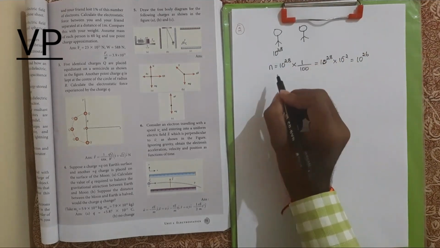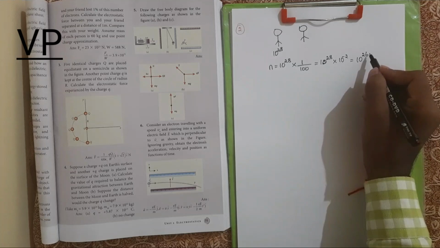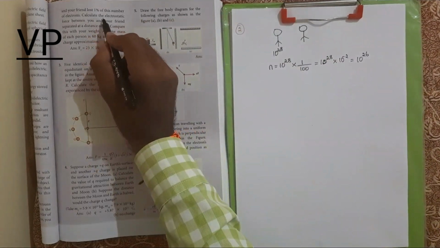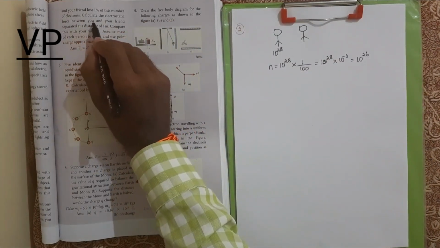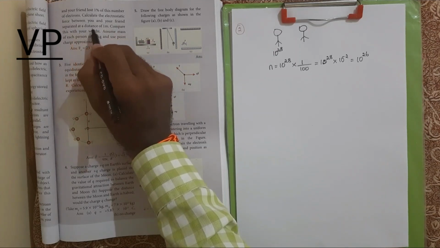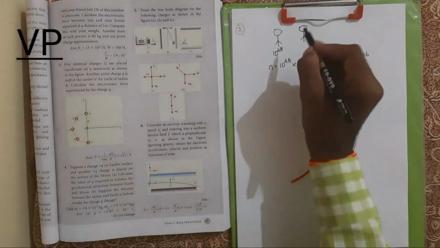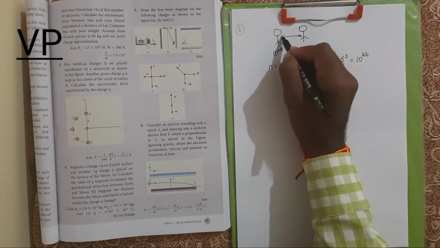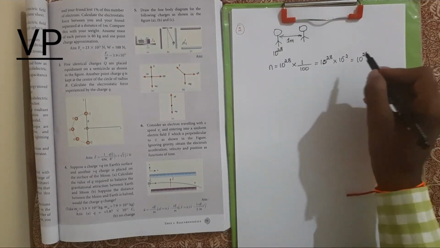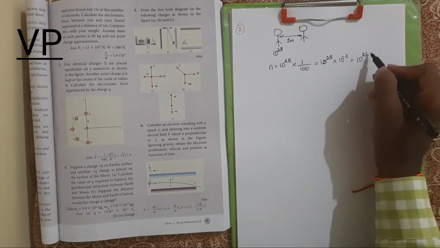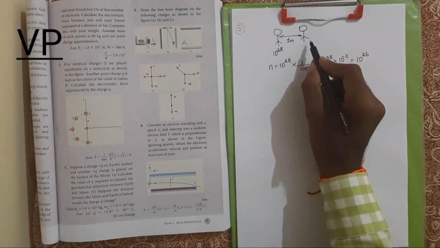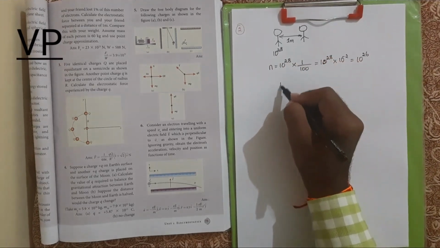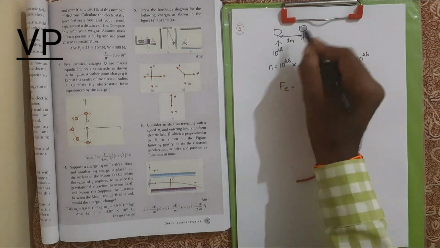So N is equal to 10 to the power 26, and we are asked to calculate the electrostatic force between you and your friend separated at a distance of 1 meter. So we both are separated with a distance of 1 meter with 10 to the power 26 electrons each. We are asked to calculate the electrostatic force Fe between each other.